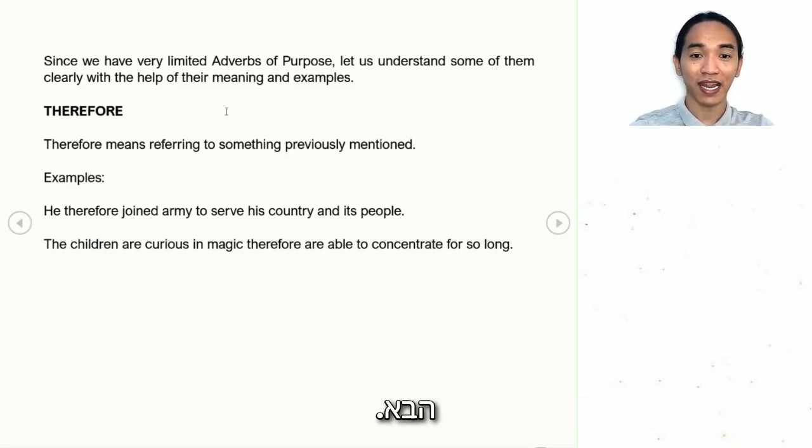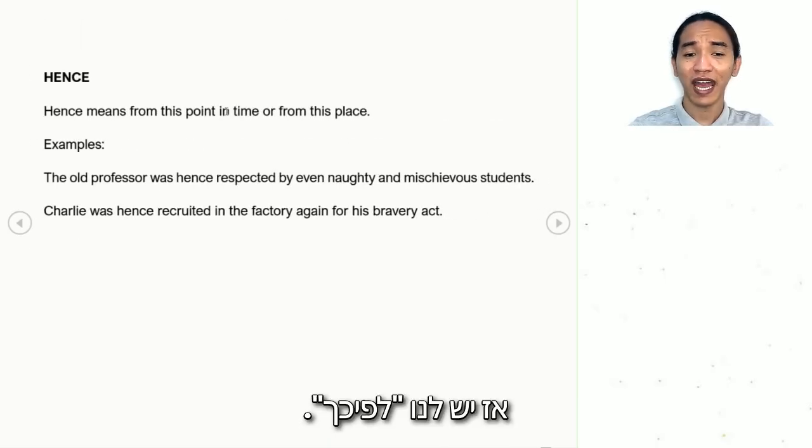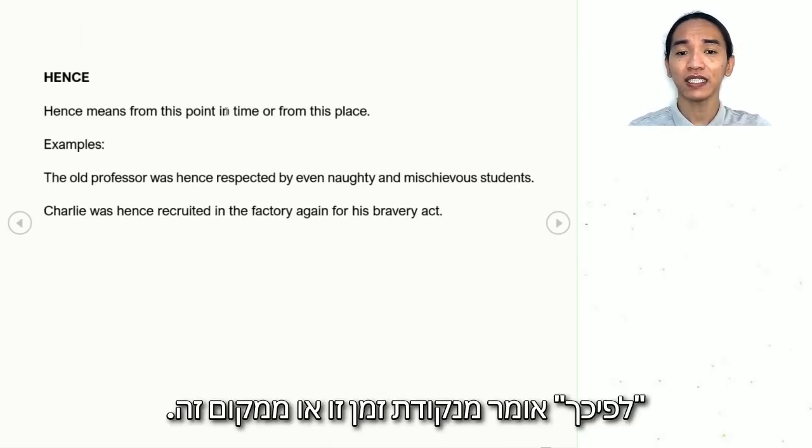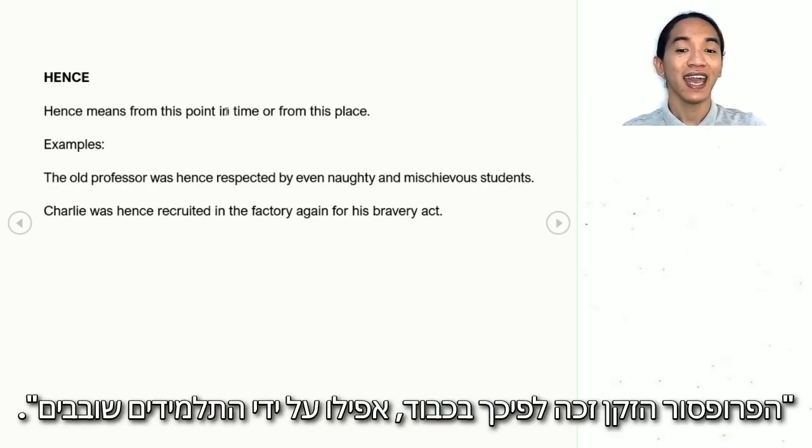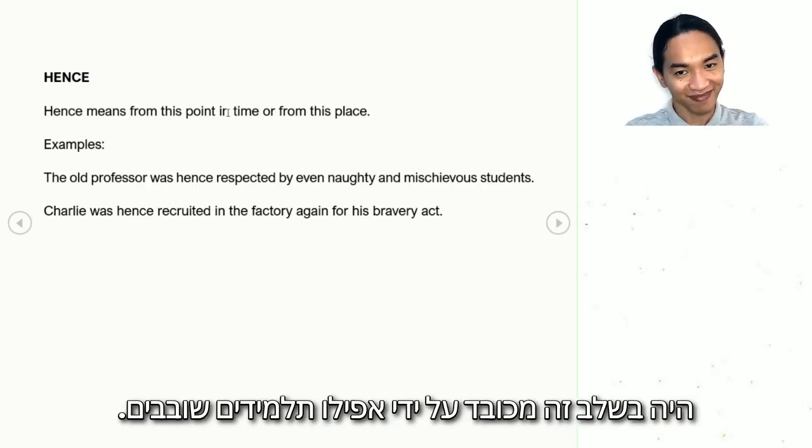Okay, next. So we have hence. Hence means from this point in time or from this place. Okay, let's see the examples. The old professor was hence respected by even naughty and mischievous students. Okay, was at this point respected by even naughty and mischievous students.